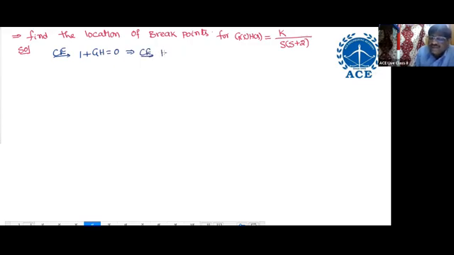So simply 1 plus k by s into s plus 2 equal to 0. Then the characteristic equation is s square plus 2s plus k equal to 0. So k equal to minus s square minus 2s.